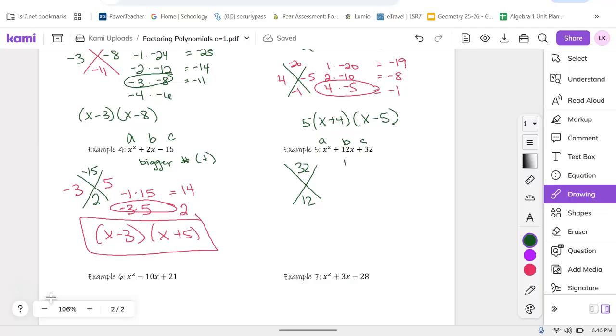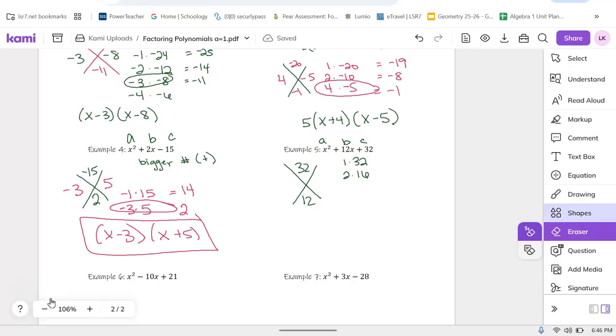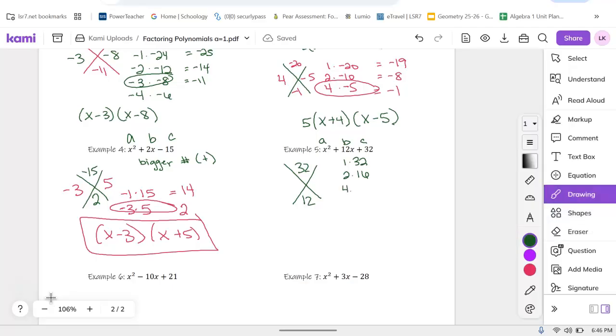So to get 32, I have 1 times 32, 2 times 16, 4 times 8. 1 plus 32 is 33, 2 plus 16 is 18, and 4 plus 8 is 12. So you have 4 and 8, so x plus 4, x plus 8.